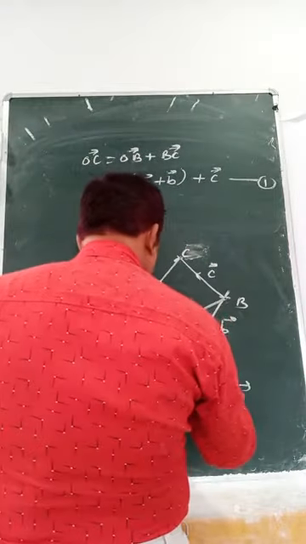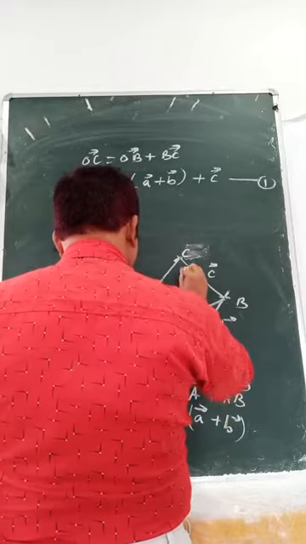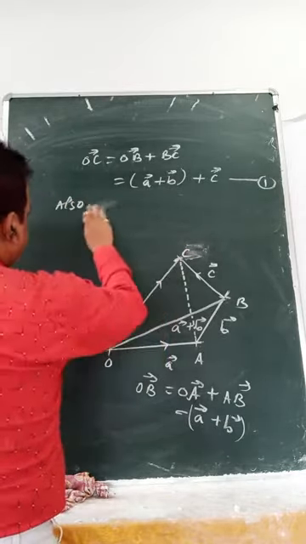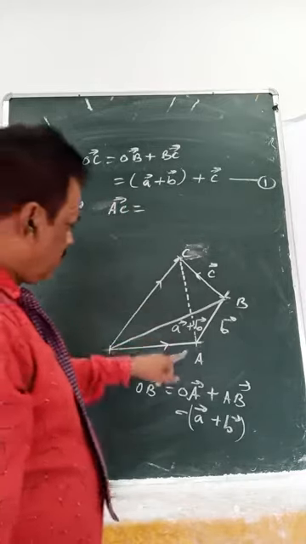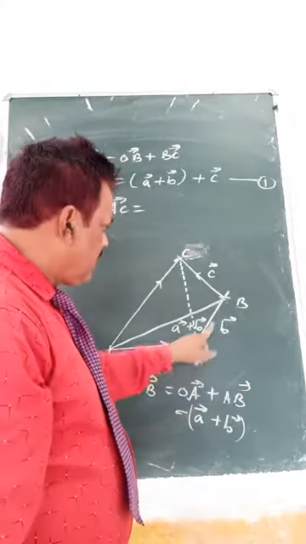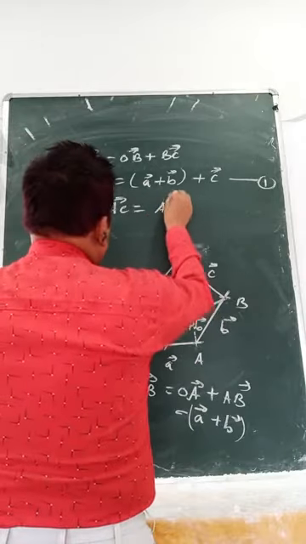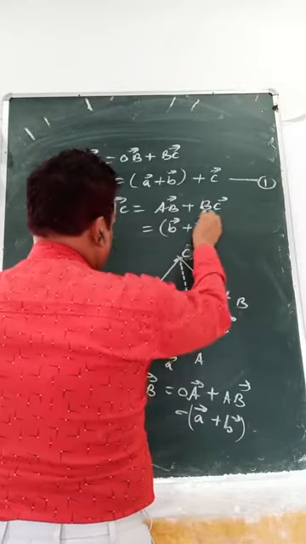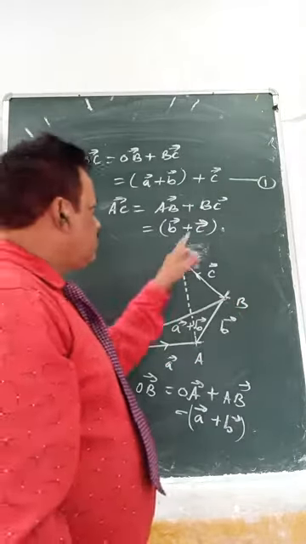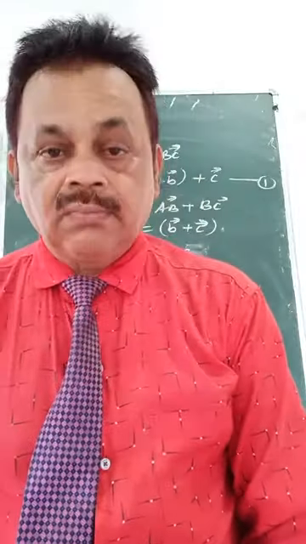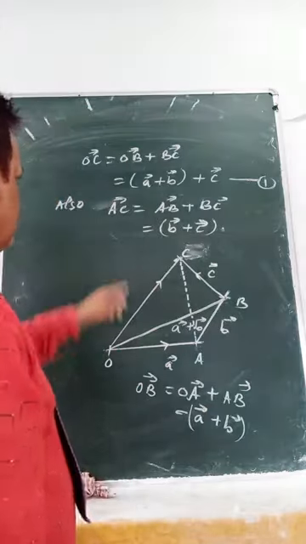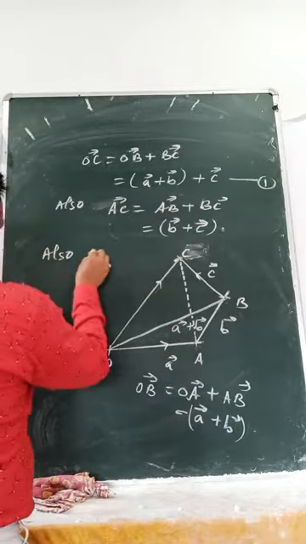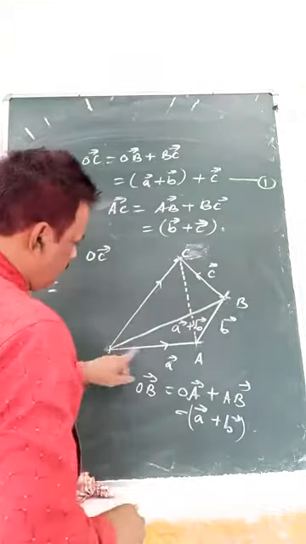Then how can you prove this is the same as A plus B plus C grouped the other way? Join AC also. AC vector, by the vector law of addition, equals AB plus BC, that means B plus C. Now again, OC equals OA plus AC.